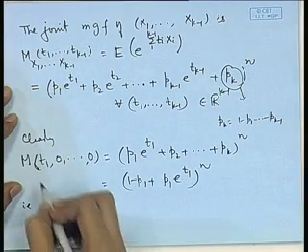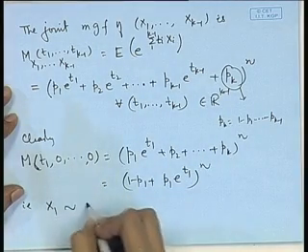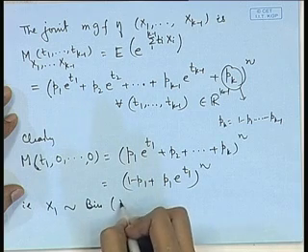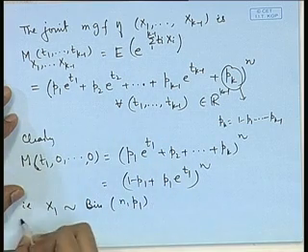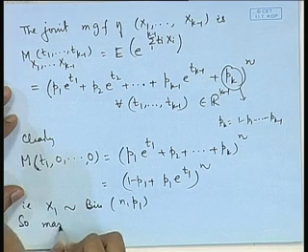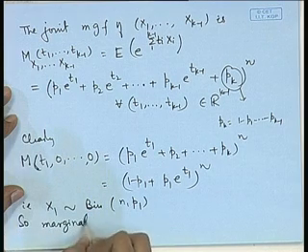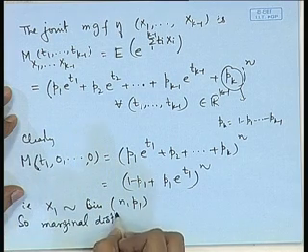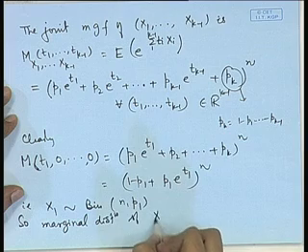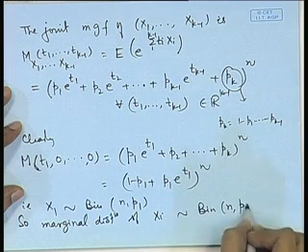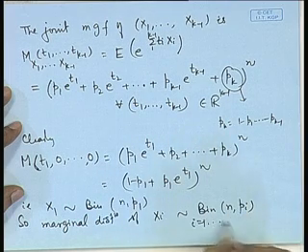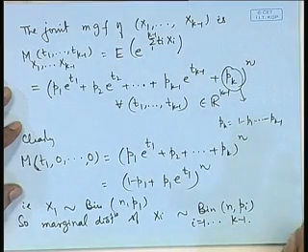That is, X1 follows binomial n, p1. That means the marginal distributions of the Xi's are binomial n, pi for i equal to 1 to k minus 1.